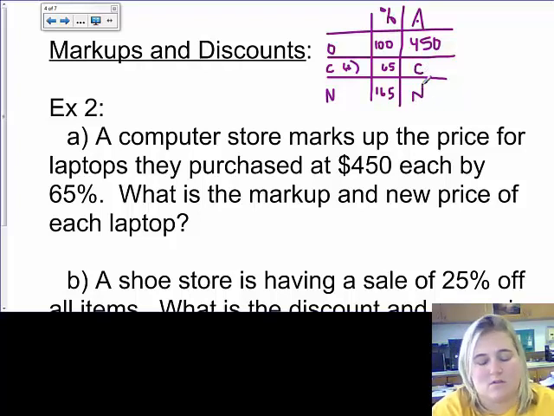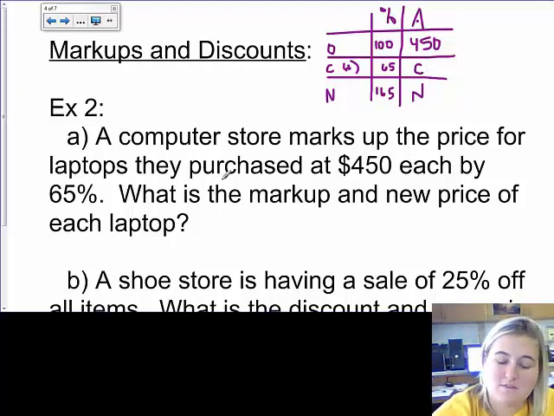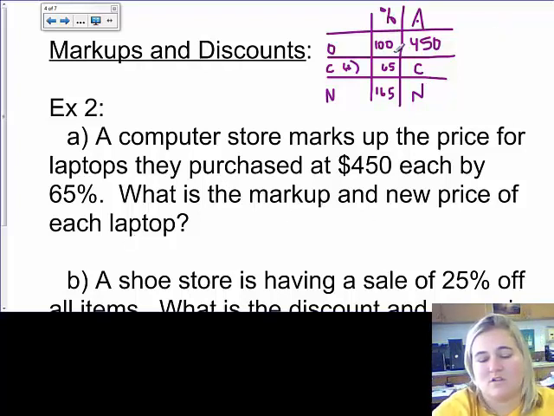I don't know those two. I could have put X and Y, I could have put A and B, it doesn't matter. So it wants me to find the markup and the new price. So I'm going to start by finding the markup, which means I'm going to cross multiply right here. Okay, I'm not looking at this line at the moment.